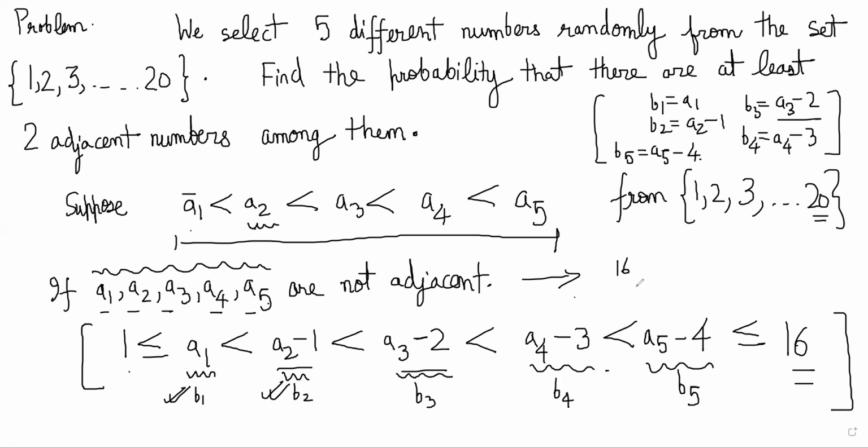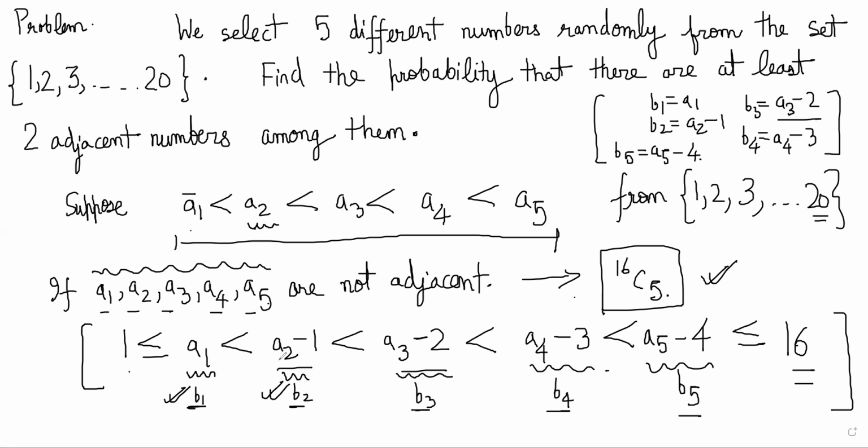So that will be 16C5, right? So that's a simple way to figure out how you will ensure that all 5 of them are not adjacent. You will select the 5 B's in 16C5 ways, and the total number of numbers that you could have selected was 20C5, right?